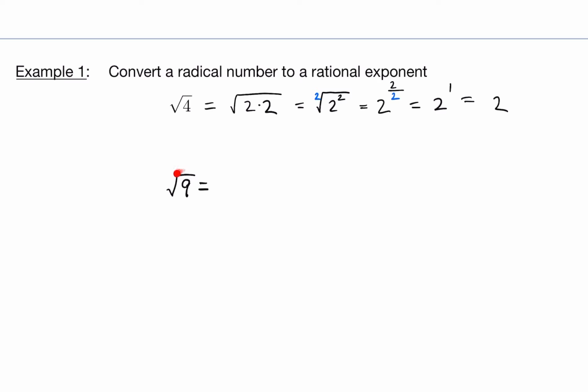We have the square root of 9, okay? And so you should know that this is equivalent to the square root of 3 times 3. And this also works out to the square root, or second root, of 3 squared. And this is the same as 3 to the 2 over blue 2 power, which is the same as 3 to the 1 power, which is equal to 3.